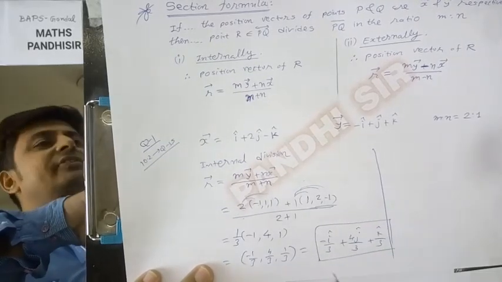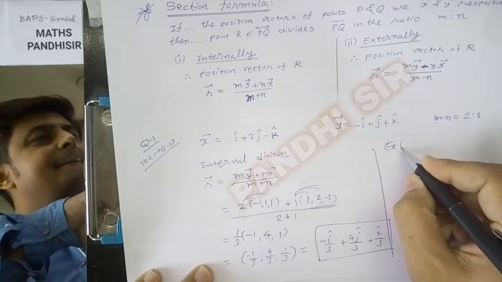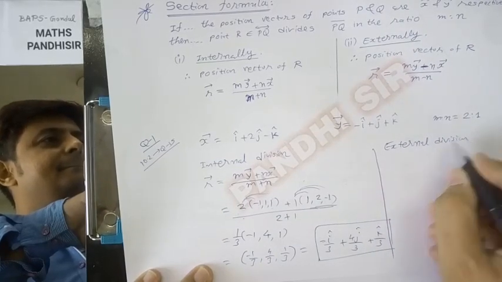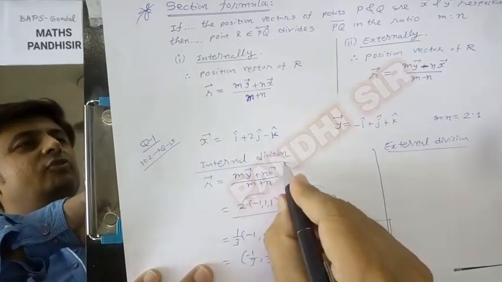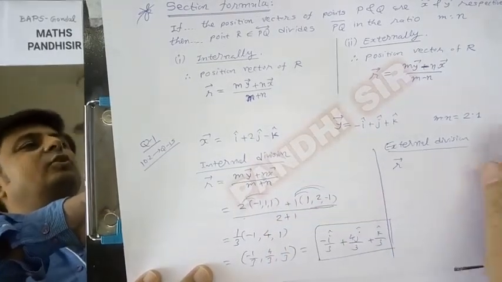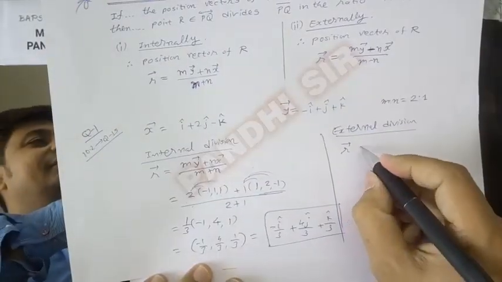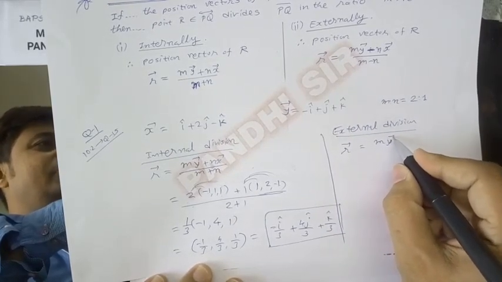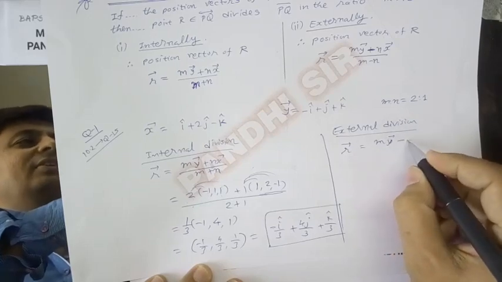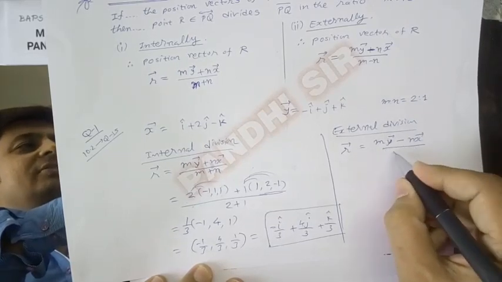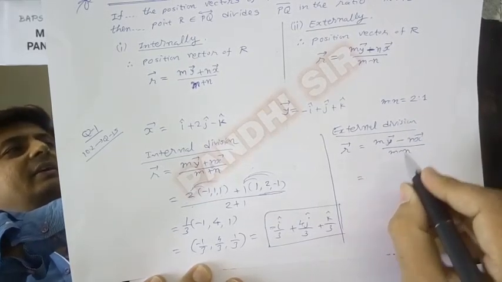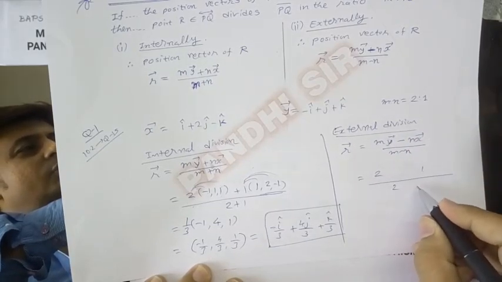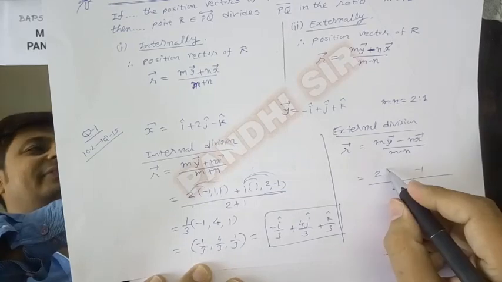Now external division. Okay, so external division and position vector of dividing point R, again same formula, m the other point, terminating point, minus this time because of external, n first point, m minus n, and 2:1 here, again 2, 1, 2, 1, but along with minus sign.